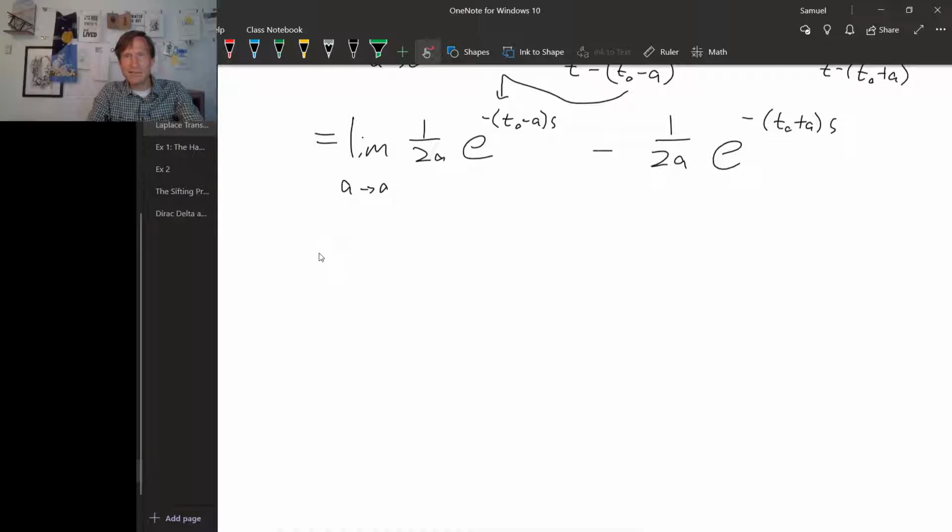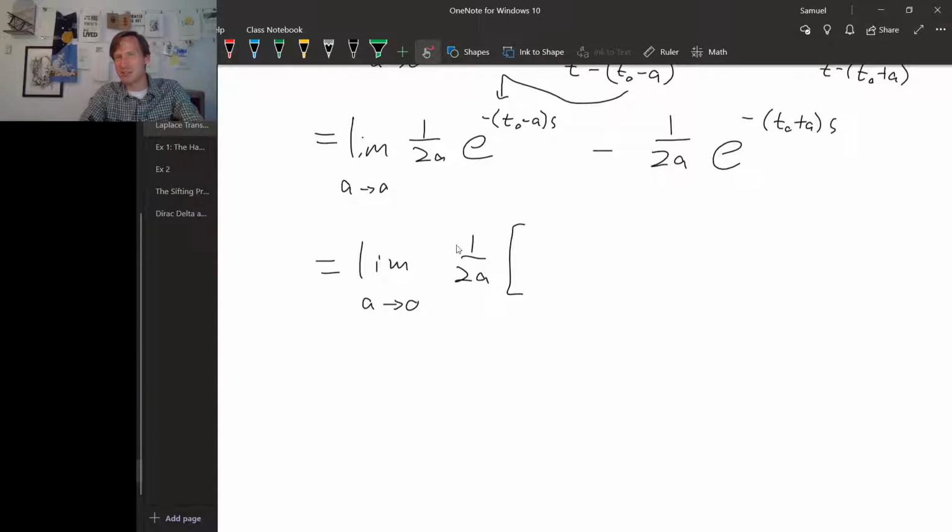So to work out this limit, why don't we first of all split up the exponentials, because the exponentials have two pieces. There's a piece that depends on t naught, and there's a piece that depends on a. We really only need to analyze the piece that depends on a, because that's what we're taking the limit with respect to. So let's break this exponential up.